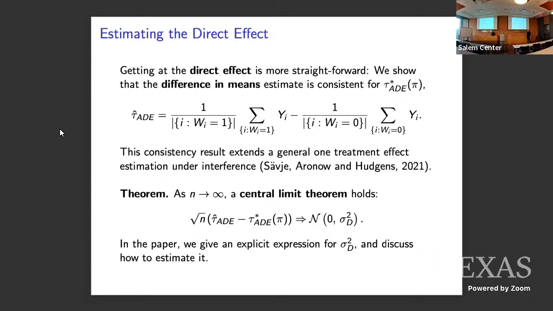So this difference in means is going to converge to the average direct effect at a root n rate, and it's going to have a normal sampling distribution. Showing this, it might seem like this is just amazing, right? You just study your RCT ignoring interference and everything works. But it's not quite true.